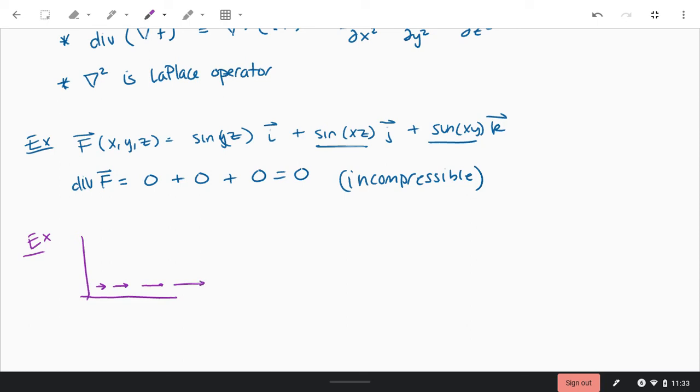Okay, and then it's pointing up a little bit, up a little bit, up a little bit, and then up more. And then up a lot.